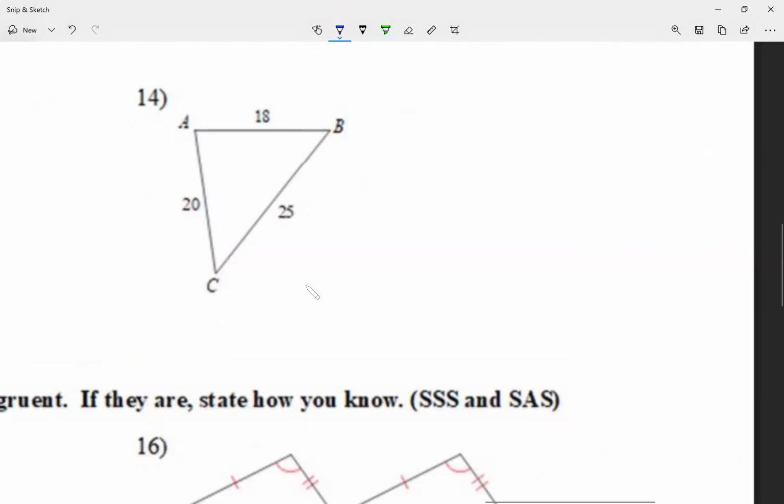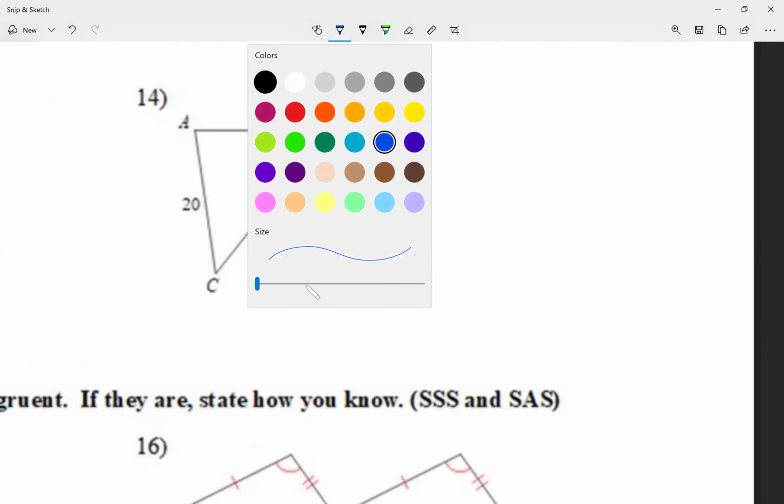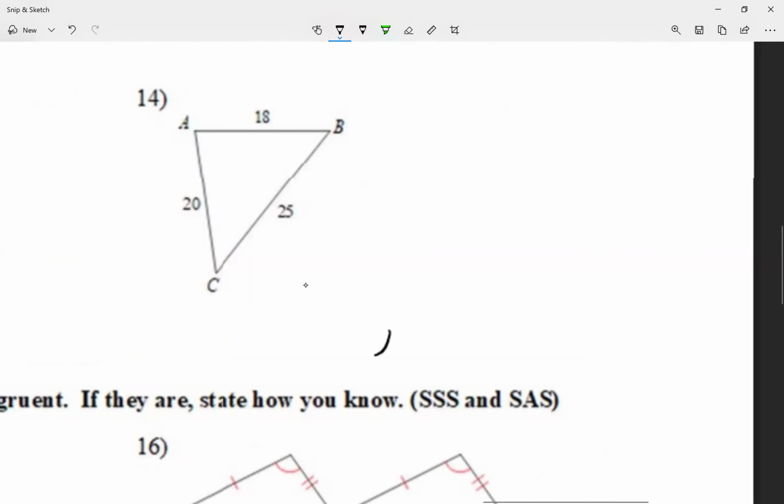Let's take a look at number 14. Again, the lazy way will work today. So let me go with the lazy way just on this one, just to show you guys how the lazy way works. So 18. 18 is the smallest side, which is opposite from this corner. I could just type in the good way, all three letters, leaving C in the middle. The lazy way is just C, because that's the vertex.